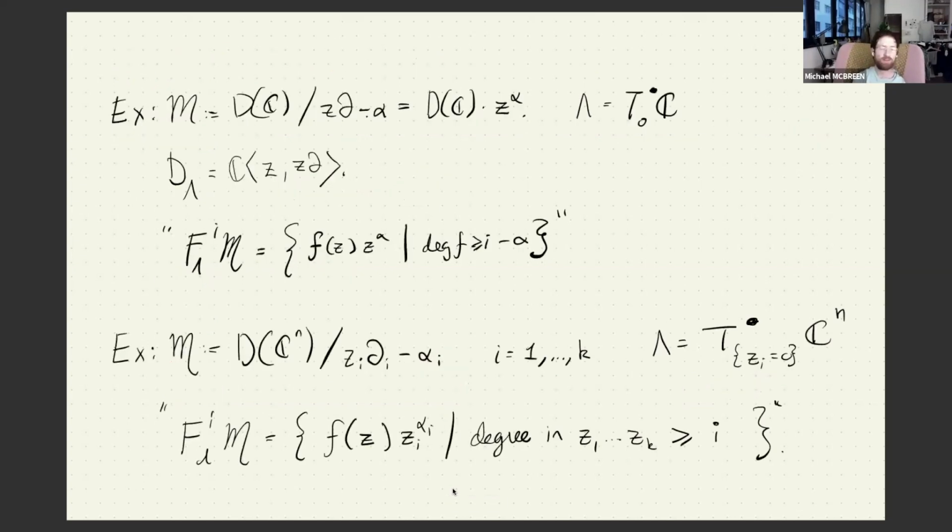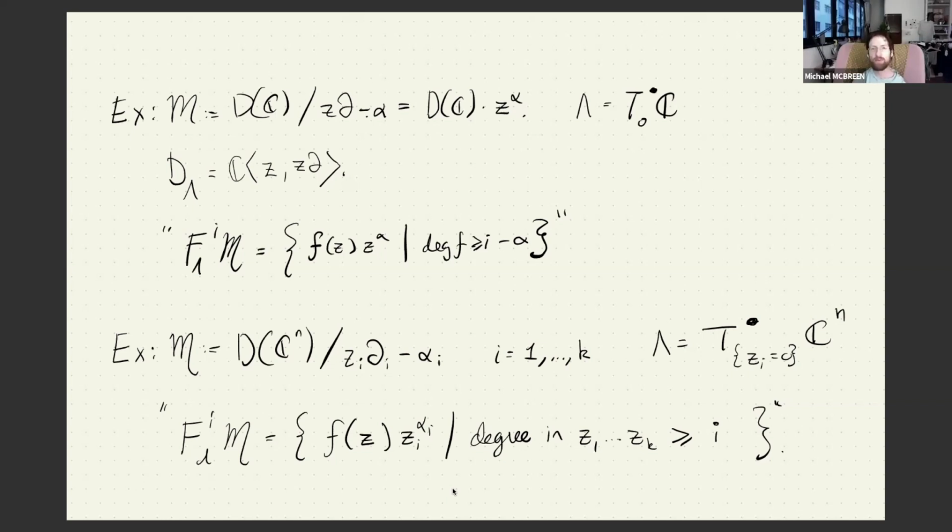Okay, so two examples. If you start with M being differential operators on C modulo z d/dz minus alpha, which informally you can think of as the D module generated by z to the alpha.